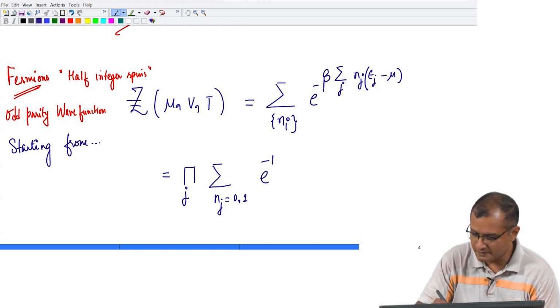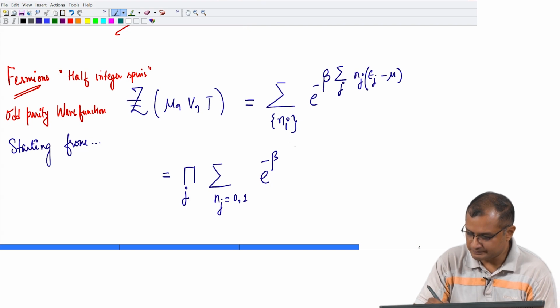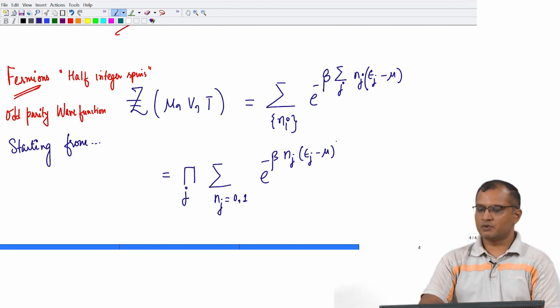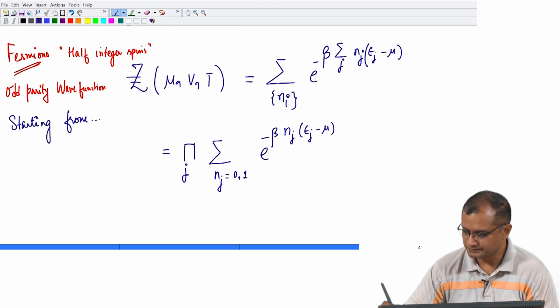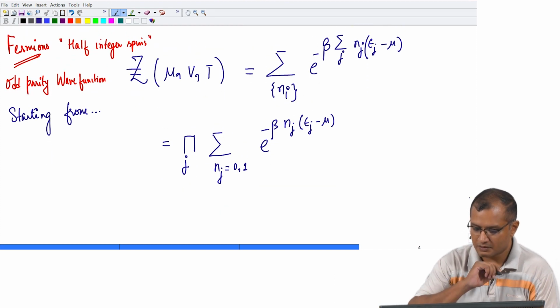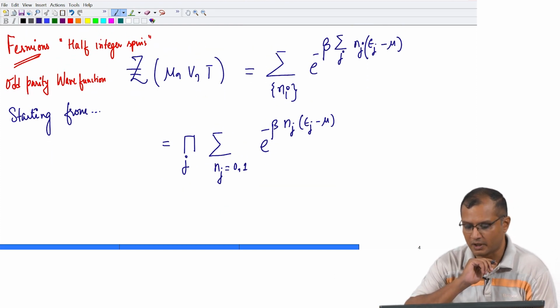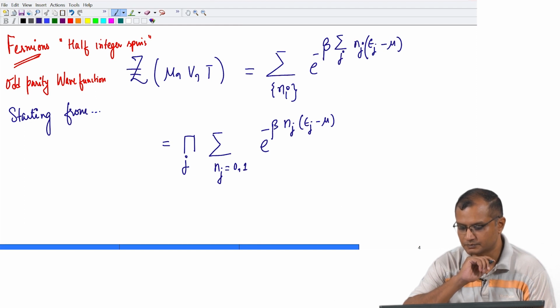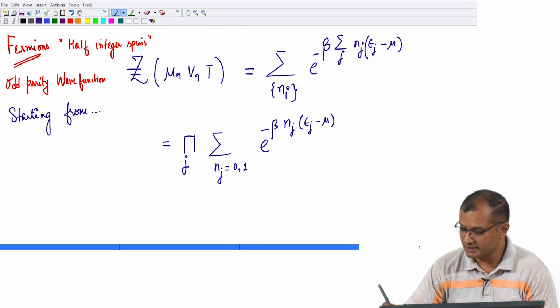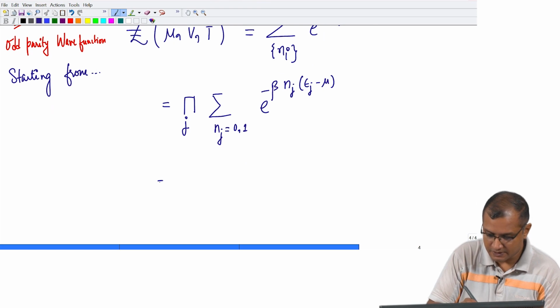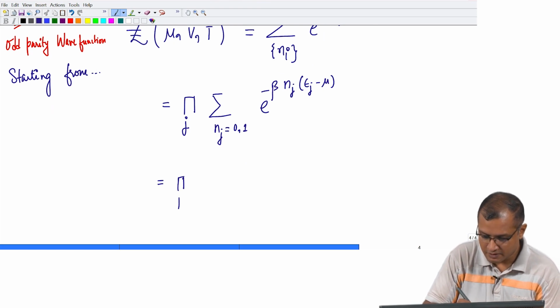So, e to the power minus beta into n j times E j minus mu, with n j as 0 and 1. Then if you write down, what you get here is nothing but a product over j.